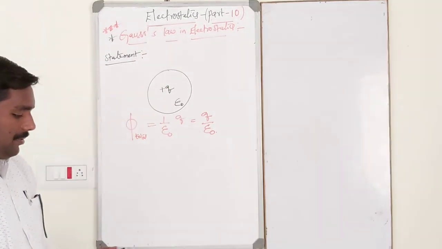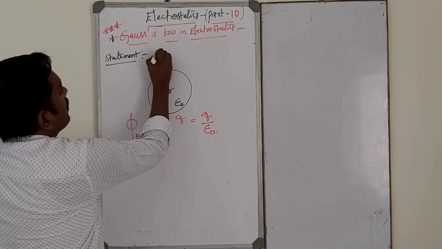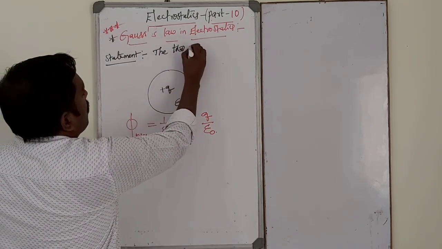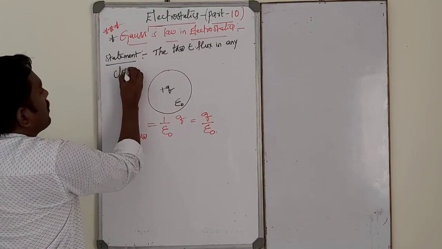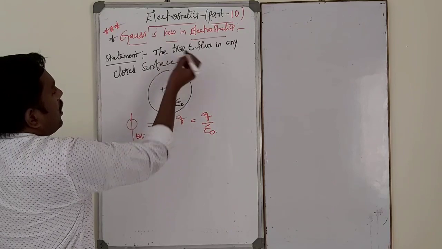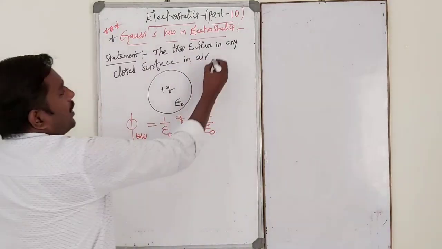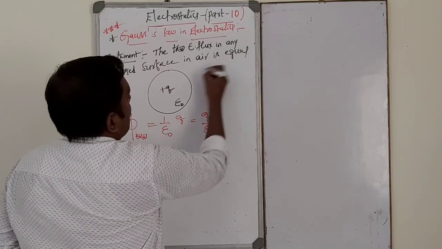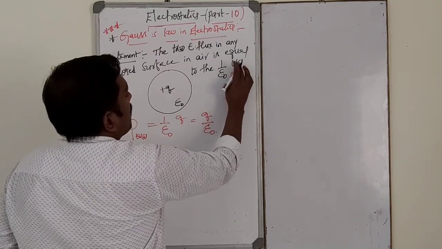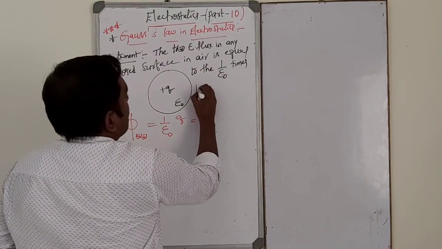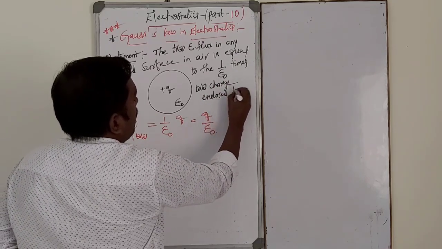Gauss law states that the total electric flux in any closed surface in air or vacuum, whatever it is, is equal to 1 by epsilon naught times the total charge enclosed by the surface.